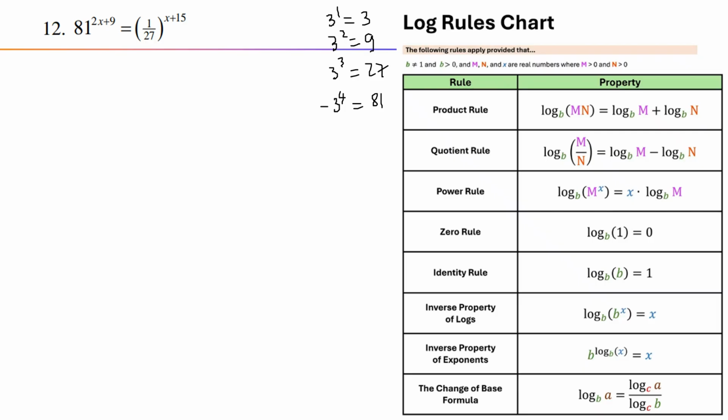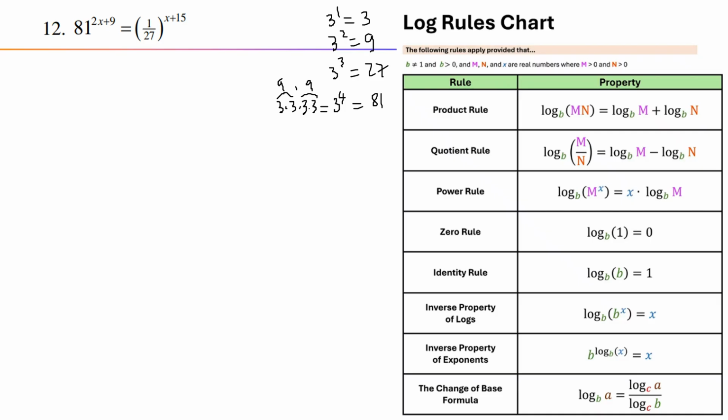And how do we know it? You can write 3 times 3 times 3 times 3, 4 times, okay? Then you take the first 2 and the last 2, it makes 9, 9 times 9, 81. So if you don't know that, you can just write down how many 3s you multiply together. Then you will have the power.